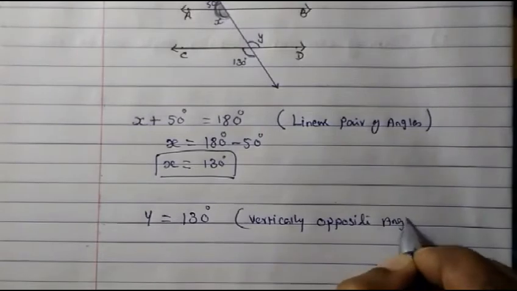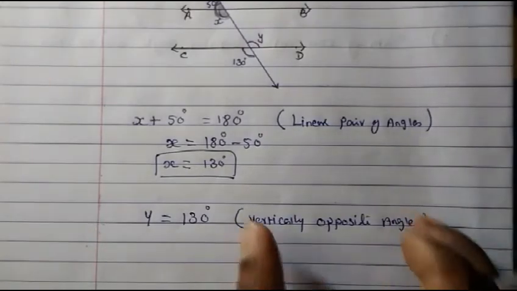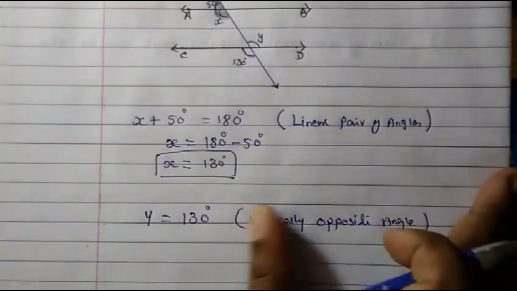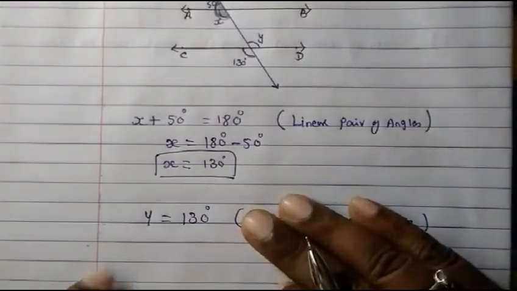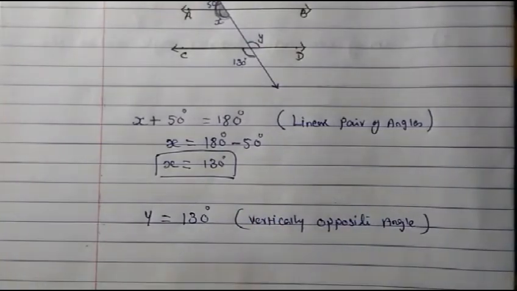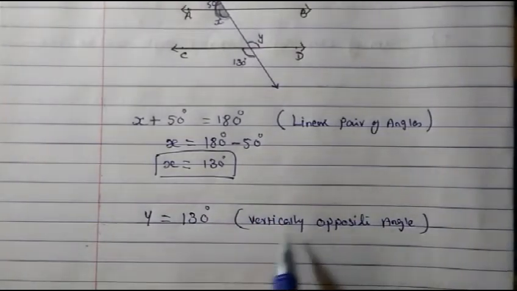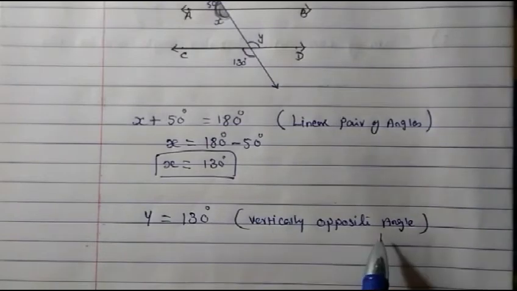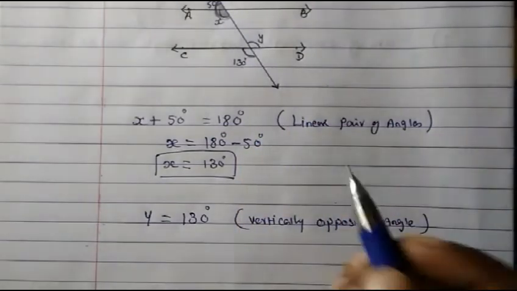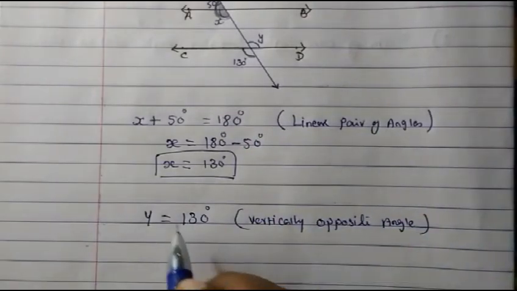What you write in the bracket is very, very important. This is the proof. Otherwise, if you write only this much, then you are wrong because we will question you: how can you say y is 130 degrees? So you have to give the proof. Since vertically opposite angles are equal to each other, therefore y will be 130 degrees.